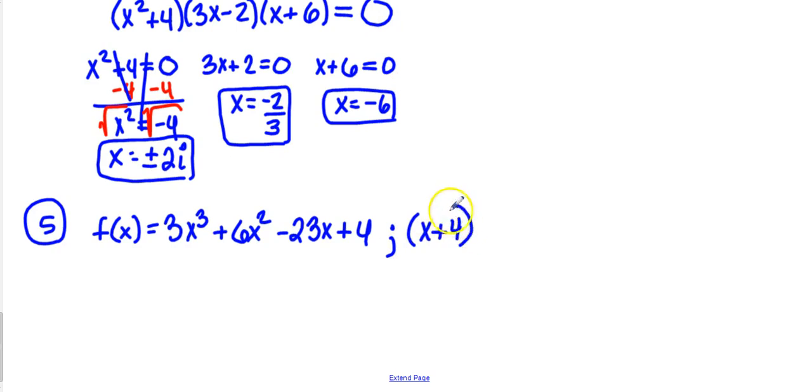So x plus 4 is a factor, which means x equals negative 4 is a zero.